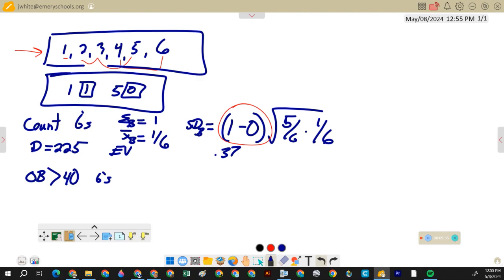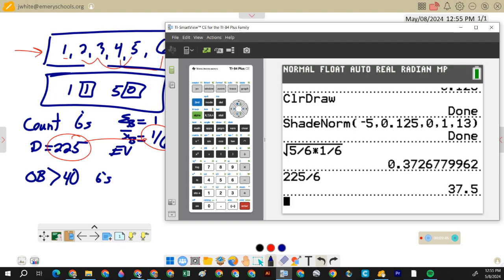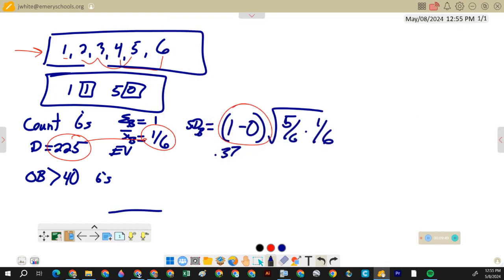Okay. So my expected value is 225 times 1/6. 225 divided by 6, we get 37.5. So my expected value is 37.5 plus or minus this number.